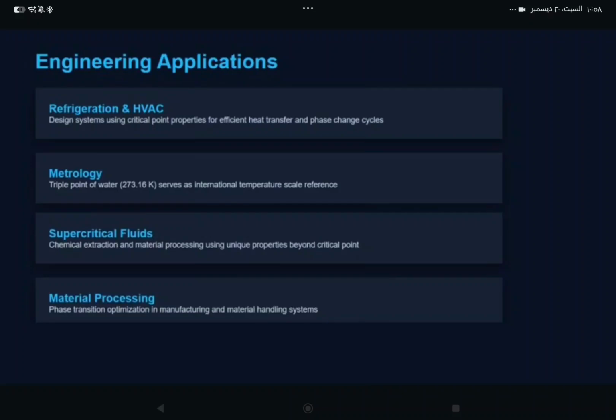Metrology: the triple point of water, 273.16 Kelvin, serves as the international temperature scale reference. Supercritical fluids: chemical extraction and material processing using unique properties beyond the critical point. Material processing: phase transition optimization in manufacturing and metal handling systems.